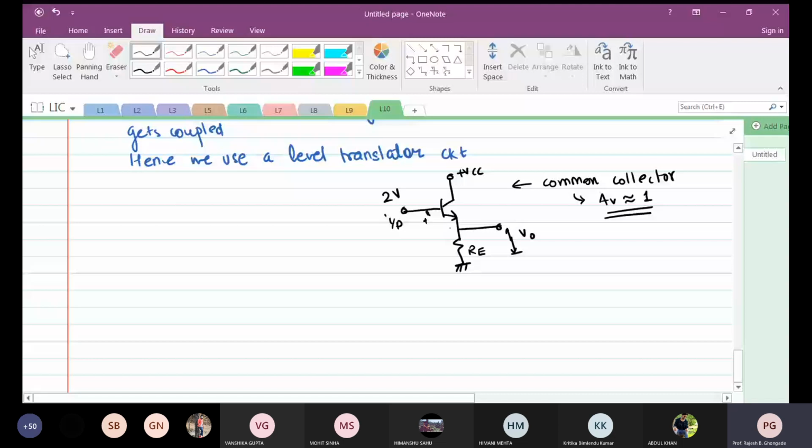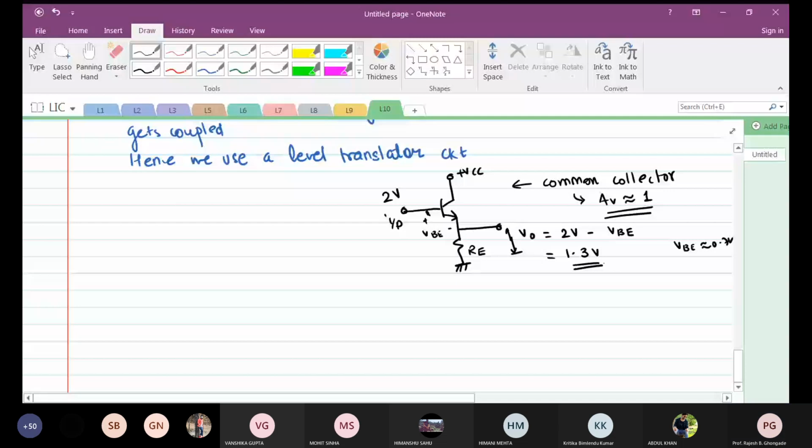So the output is the input of 2 volts minus VBE, which for a silicon transistor is nearly 0.7 volts. So this will be 1.3 volts. Are you getting this? So what we have done is shift the level from 2 volts to 1.3 volts.